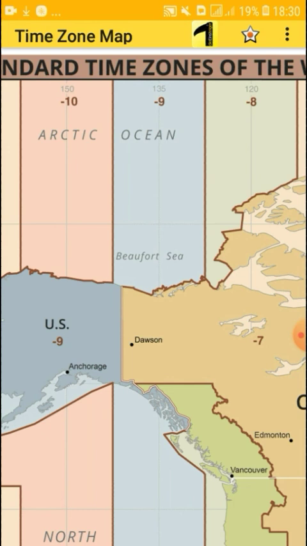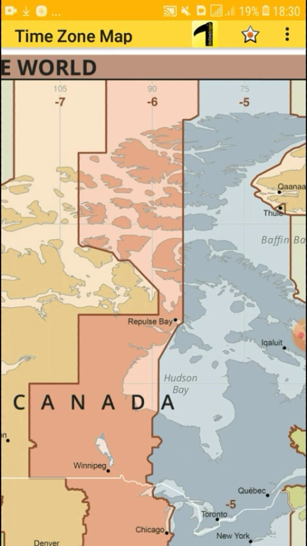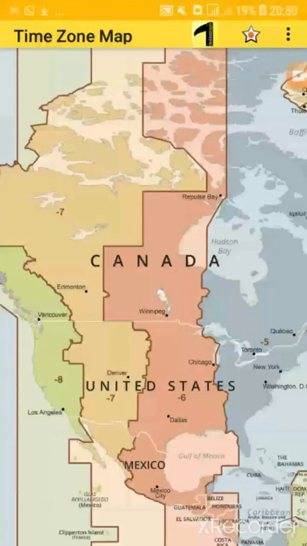Thus, the difference of local time between these longitudes is nearly 6 hours. Therefore, it is not practically helpful to consider a single standard time, and therefore Canada has 6 time zones. Thus, today we have learned about time zones of the world.